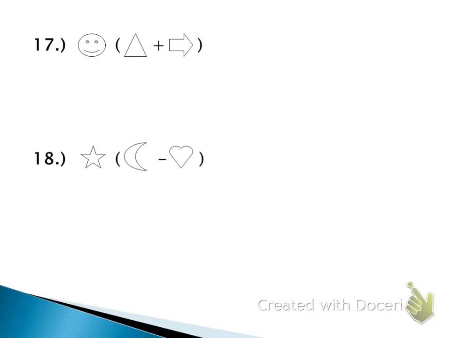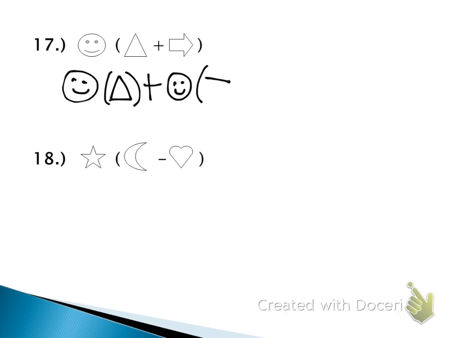Alright, on 17 we are distributing a smiley face to triangle plus arrow. So what that would look like is smiley face times triangle plus smiley face times arrow.